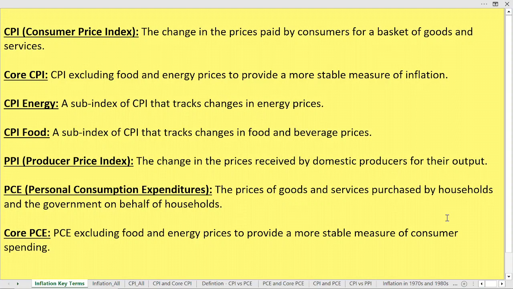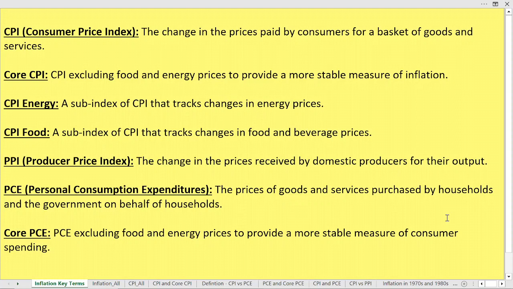Well, the CPI, the Consumer Price Index, is the most commonly watched gauge of inflation. It measures the changes in the prices paid by consumers for a basket of goods and services, which represents the U.S. economy. We talk about the core CPI, which is the CPI that excludes food and energy. Food and energy tend to be more volatile components of the market.